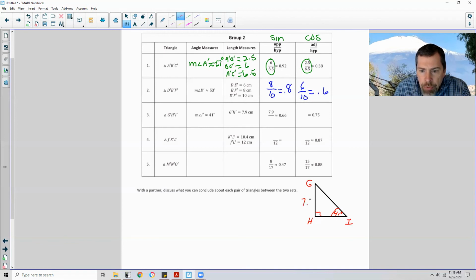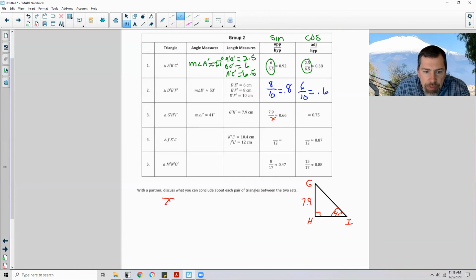GH is 7.9. That was given. That is our opposite, so it's opposite of I. So I have 7.9 divided by something equals 0.66.